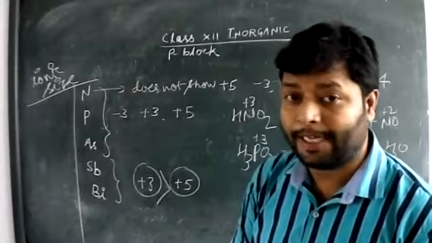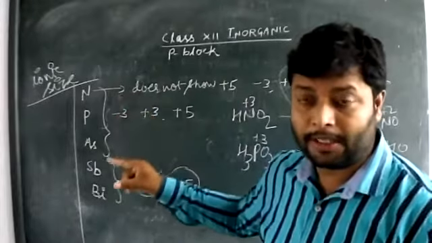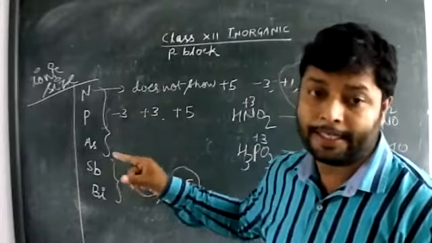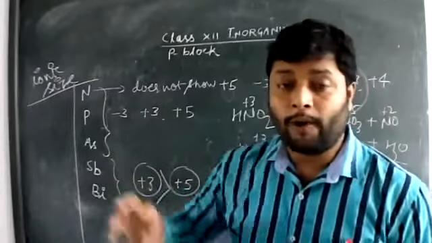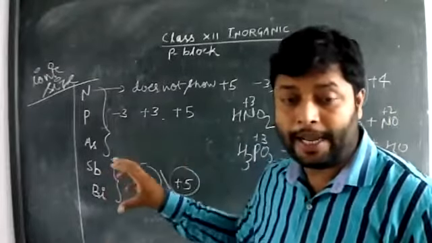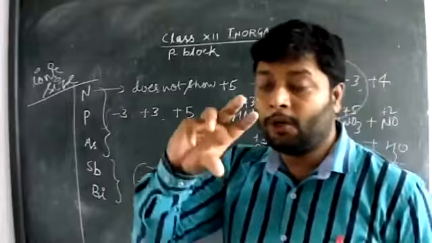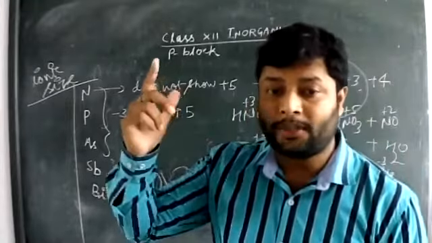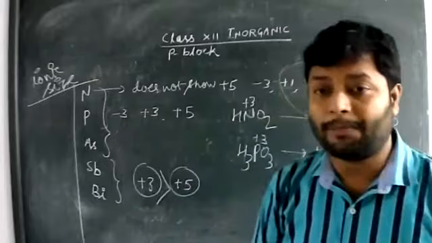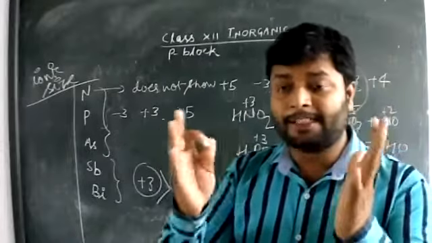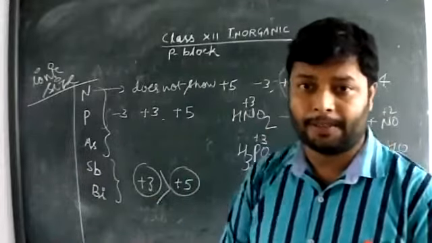The interesting fact is that from nitrogen to arsenic it increases first, then decreases to antimony, then again increases. We have to learn why antimony and bismuth have a lower ionic size than nitrogen, phosphorus and arsenic. Actually, this is because of the different types of ions formed by these elements.